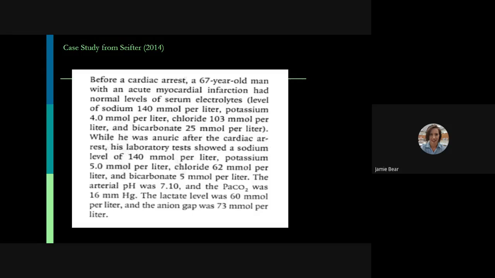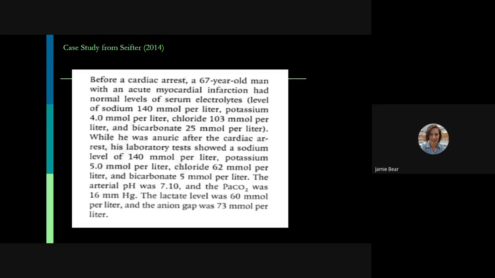We have a PaCO2 of 16, which would lead to a respiratory alkalosis. And we have a bicarbonate level of 5 millimoles per liter, very low, and that contributes to a major acidosis. So if we look at the arterial blood gas interpretation, we can see that this patient has a partially compensated metabolic acidosis.